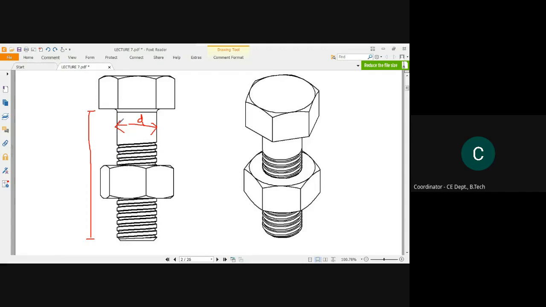That is why the nominal diameter is considered from this unthreaded plain surface part. The actual strength of the bolt will be generated majorly from this part.